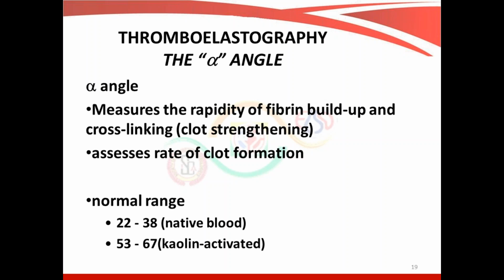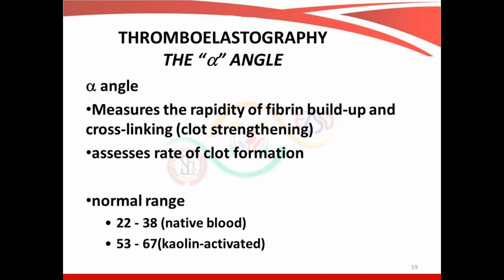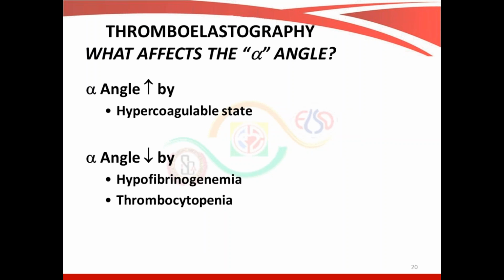So normal, you must remember, this is an MCQ question for most of your exams, is up to 38. Anything between 20 to 40 is also normal. So when the alpha angle increases, it is hypercoagulable, and a decrease is the reverse of R and K, in thrombocytopenia and decreased fibrinogen.